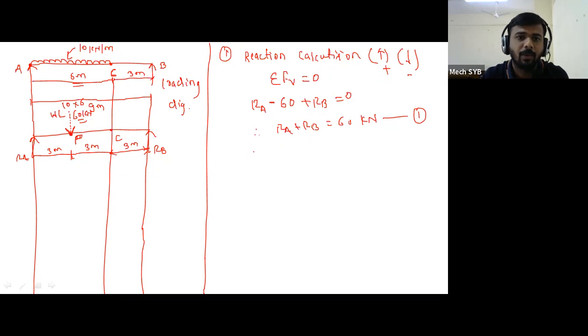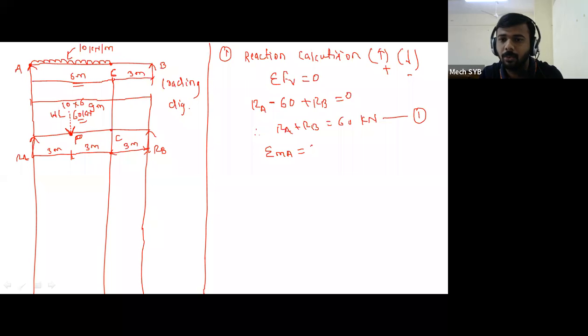At one support, we have to take moment equal to 0. And I have told you, always take moment at point A equal to 0. Therefore, I will take summation of MA is equal to 0. While taking summation of MA equal to 0, how many forces are present to the right side?